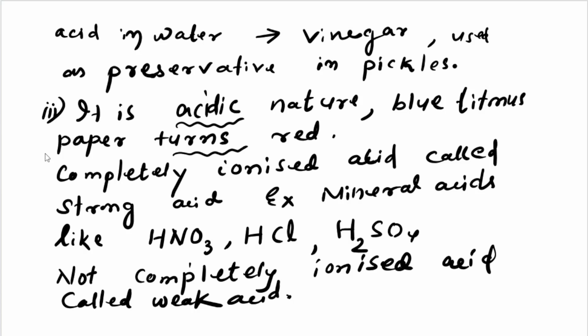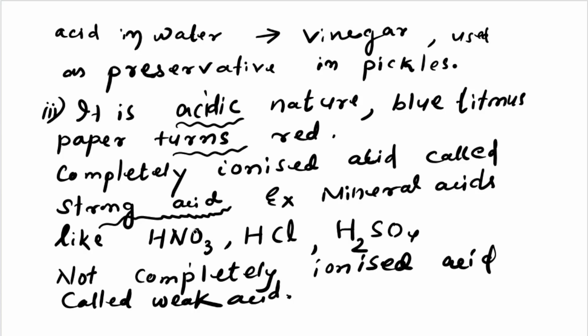A strong acid is generally a mineral acid, that is available in the lab also. Like HNO3, what is HNO3? Nitric acid. What is HCl? Hydrochloric acid. And what is H2SO4? Sulfuric acid. These all are called strong acids and also called mineral acids.